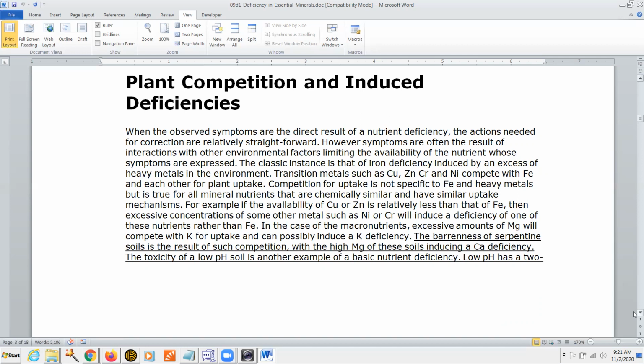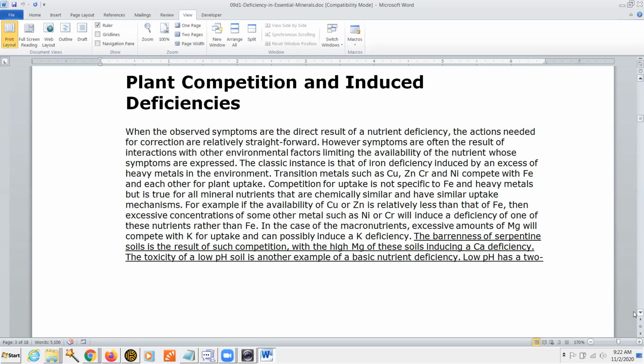Or I can add too much calcium, and so the plants can't get enough magnesium. I've overdone the calcium where the plants just don't get enough magnesium, or just the opposite. Serpentine soils can result in competition where the high magnesium prevents calcium from coming in.